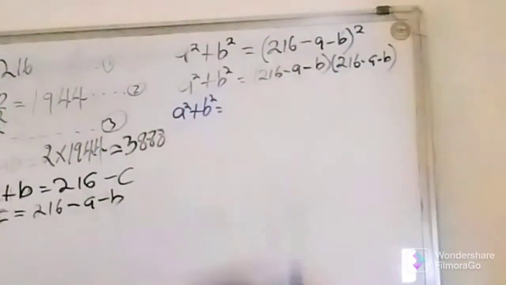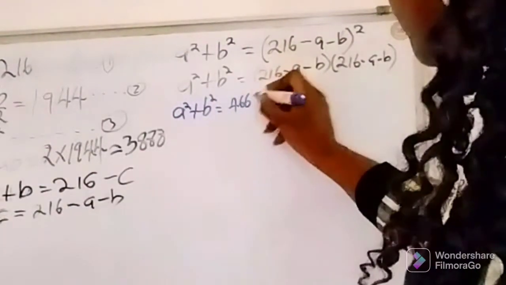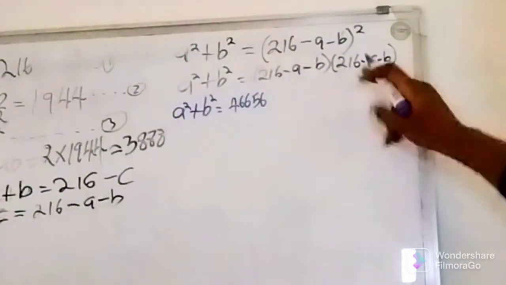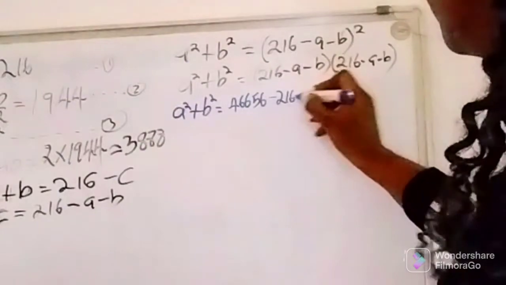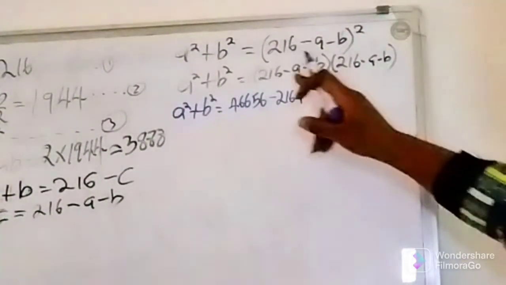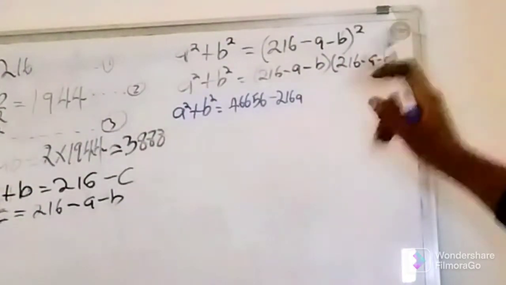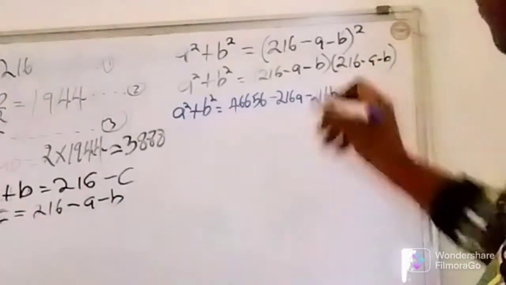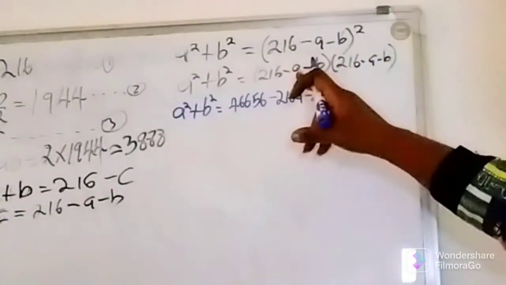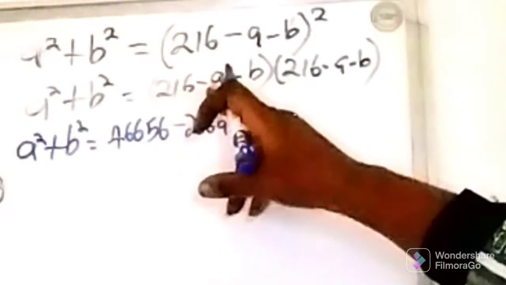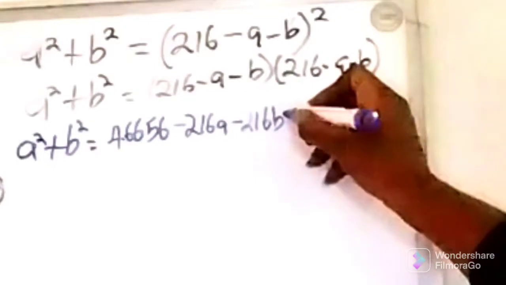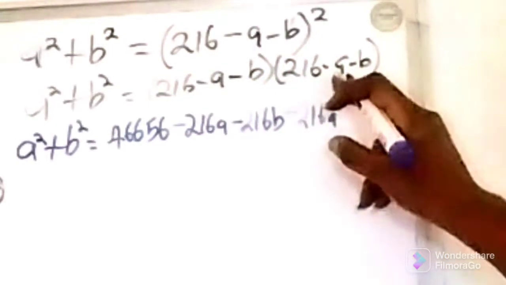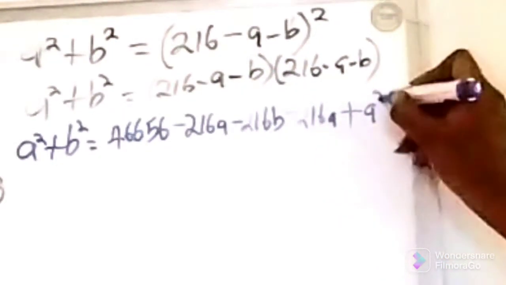So 216 squared is what? 46656, using my calculator. 216 times minus a will give us minus 216a. 216 times minus b will give us minus 216b. Minus a times 216 will also give us another 216a. Minus a times minus a will give us plus a squared.